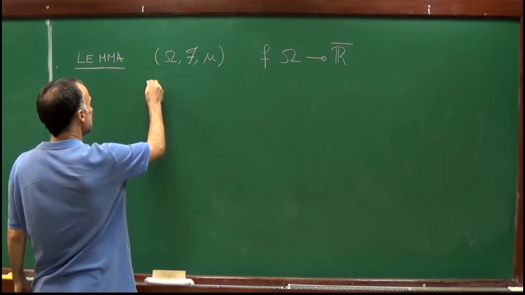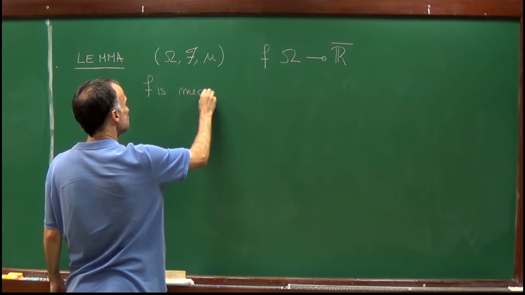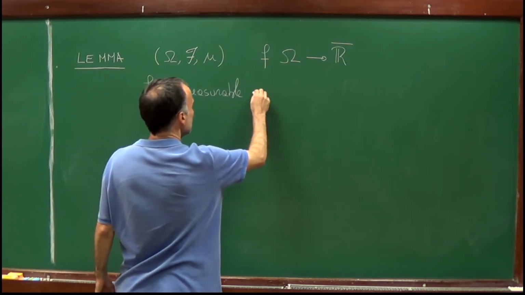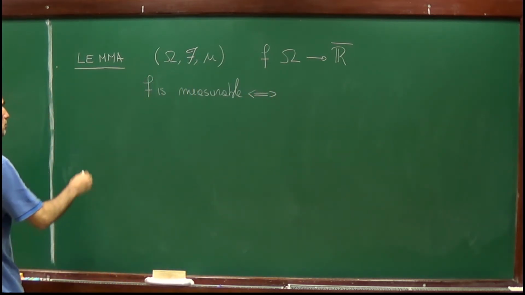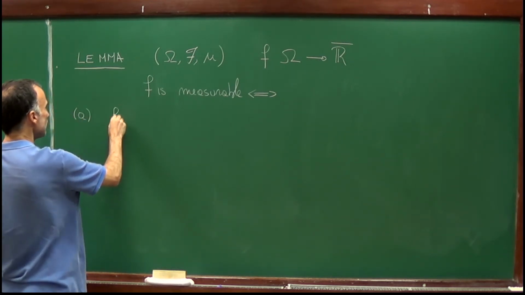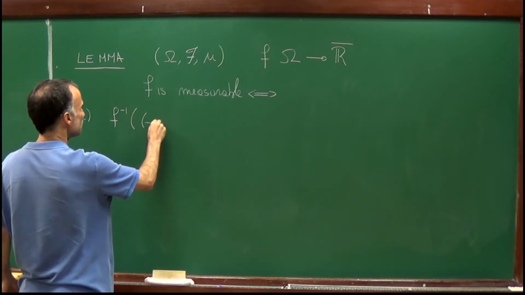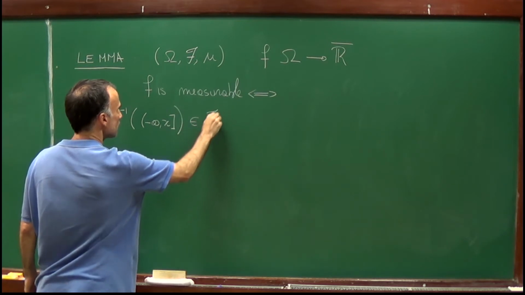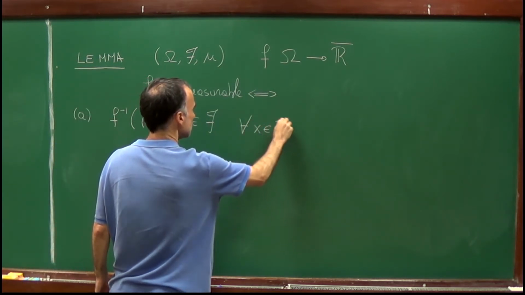And I will say that f is measurable if and only if one of the following conditions holds. The first condition, A, is that the inverse image of the sets minus infinity, x closed belongs to F for any x in R.